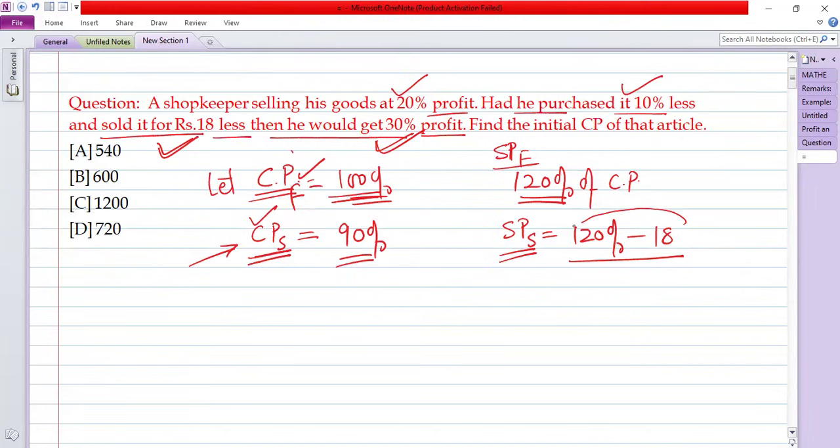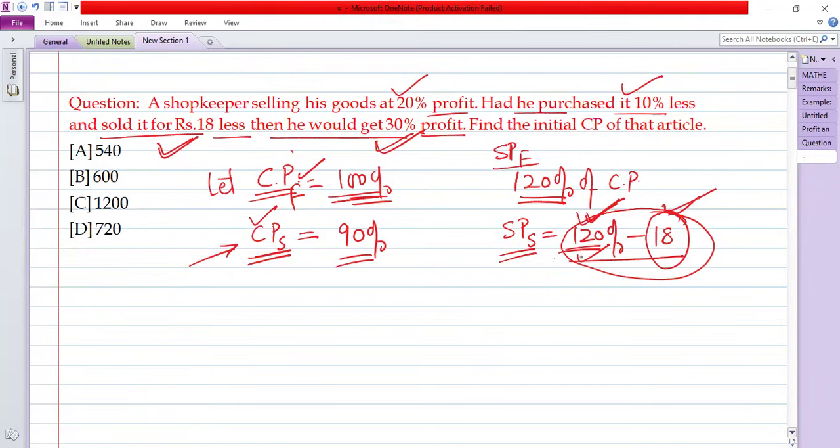Now, actually, this thing will create a problem. Why? Because 120% is in percentage, and this 18 is an ordinary number. We can't subtract an ordinary number from a percentage.